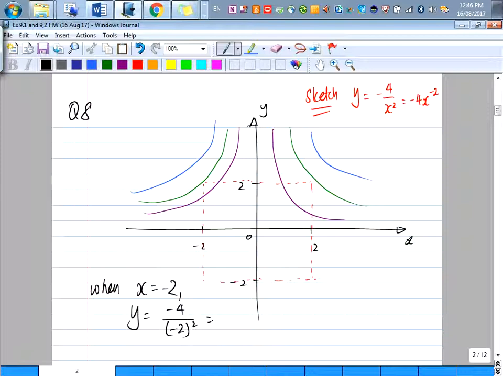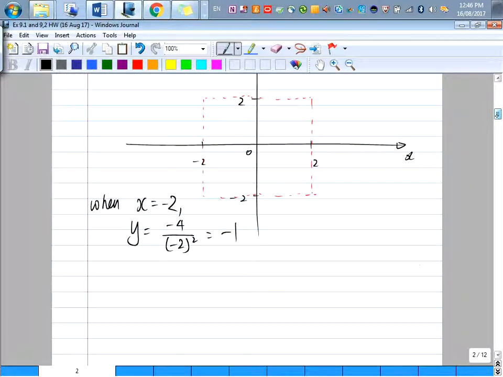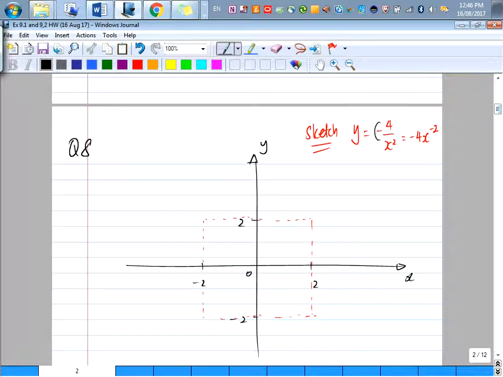What is this value? -1. Oh, I'm sorry, there is a negative sign. So the skirt is actually all below the x-axis. I made a mistake. I forgot about the negative sign. See this negative sign over here? It means that the entire graph will be below the x-axis.